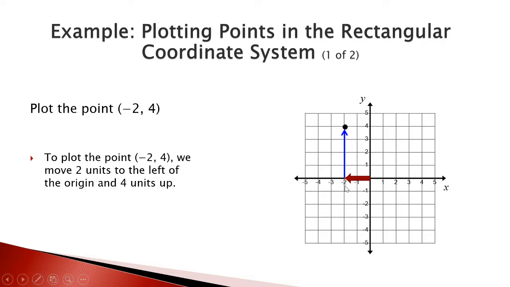And then for the +4 y-coordinate, we have to move 4 points upwards like this. So this point is the (-2, 4) point.